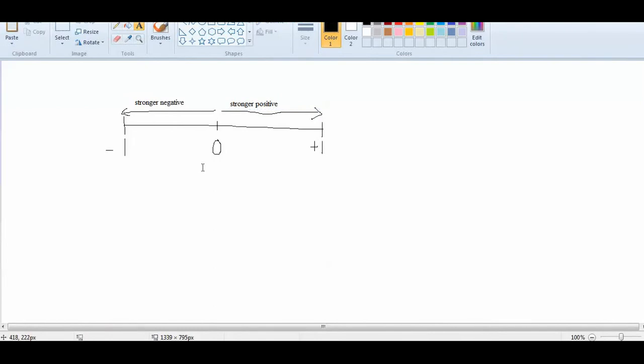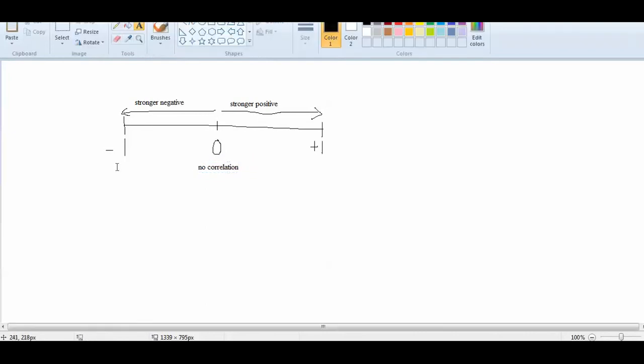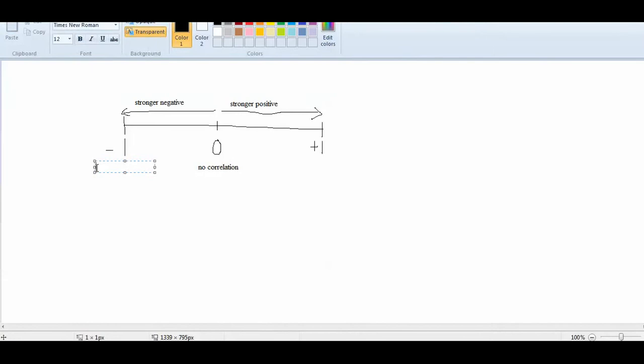And 0 is just no correlation. If it comes out to -1, it means that the data set is showing a perfect negative correlation. And if it comes out to +1, it means that the data is showing a perfect positive correlation.